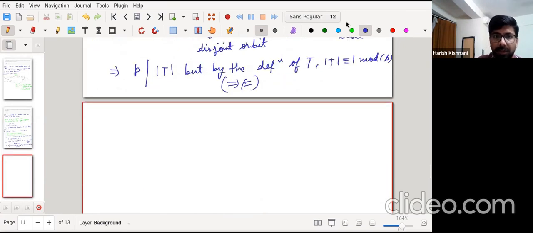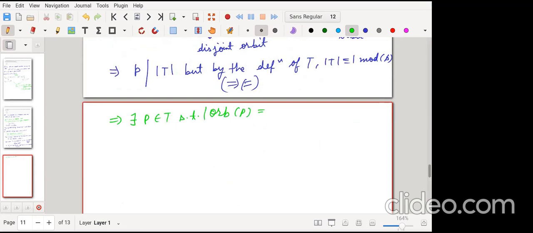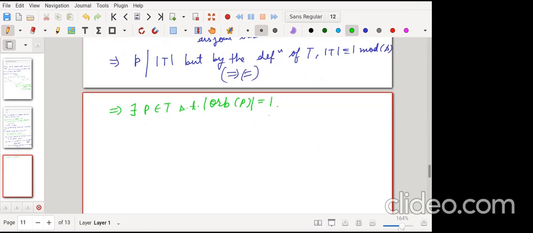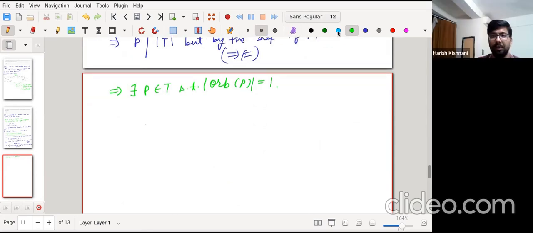So what is the conclusion? This implies there exists some P inside T such that the size of the orbit of that P is 1. And what does this mean?